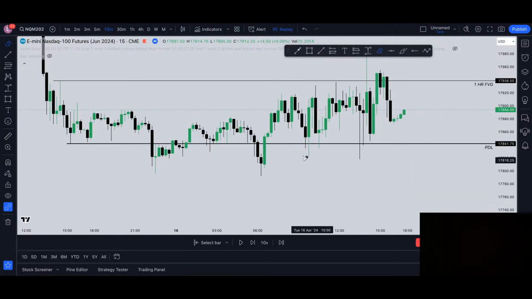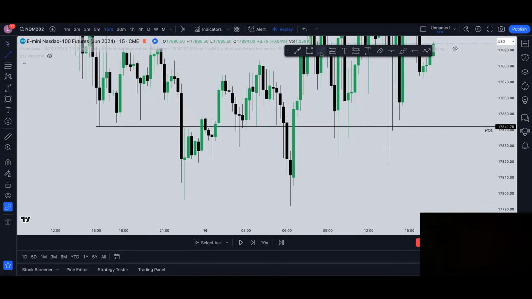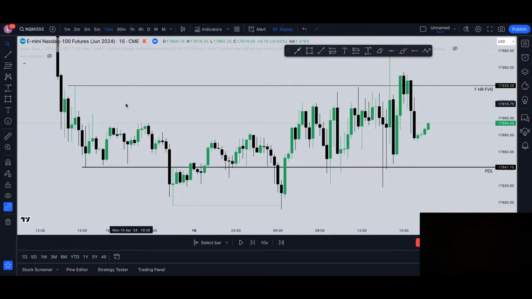So let's look into it. In the 6:15 candle, it already took the sell side.